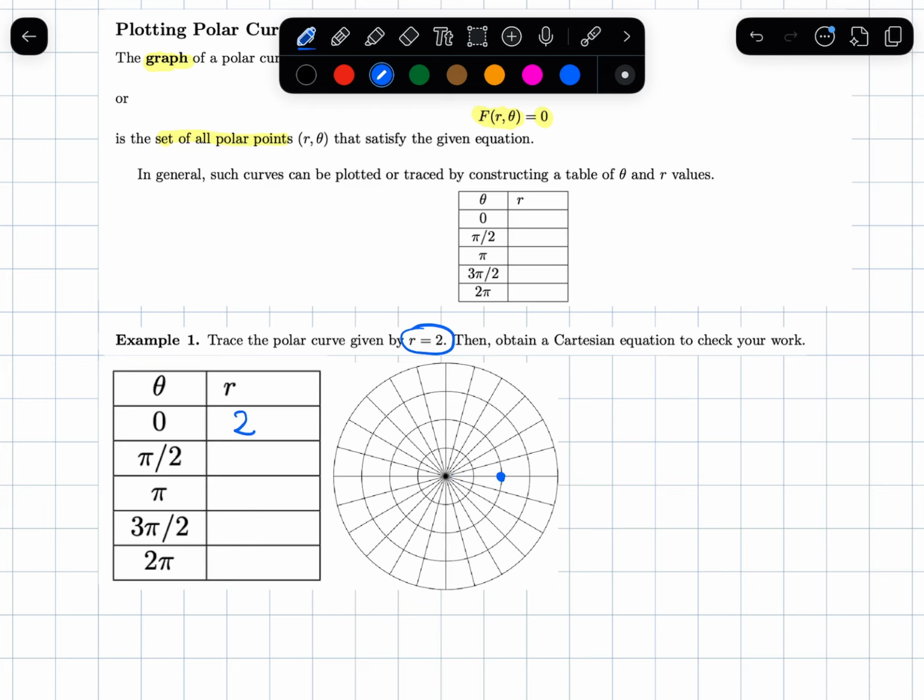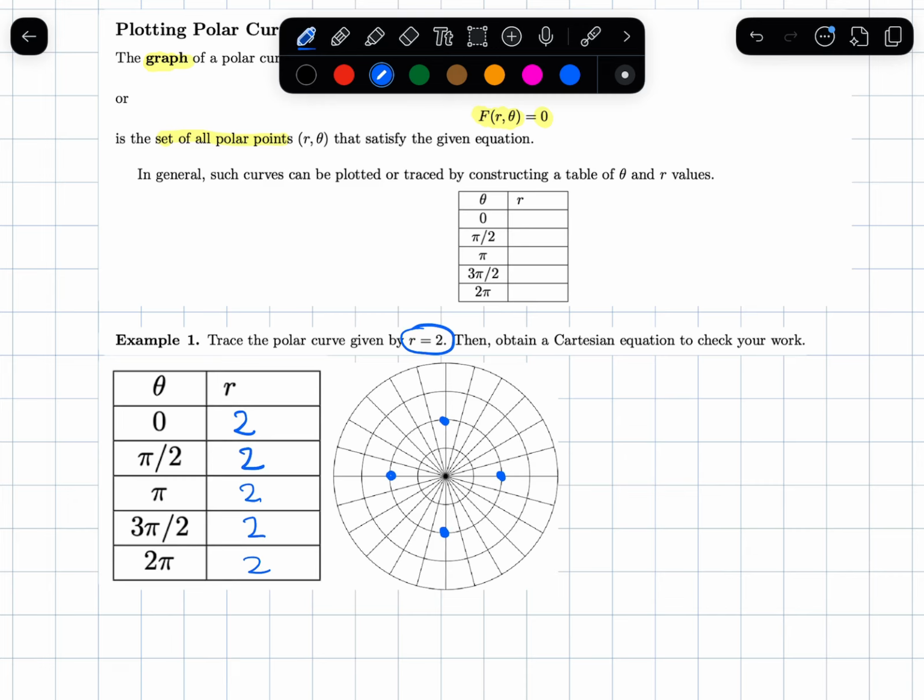When theta is pi over 2, I'd be looking up like this. And then what will r be? r will also be 2, because when I plug in theta equals pi over 2, nothing changes in my equation, so I'll be moving this way. When I plug in theta equals pi, I'd be looking to the left and moving 2 units. So all of these are going to equal 2. And in each direction that I look, I'm going to be moving 2 units away.